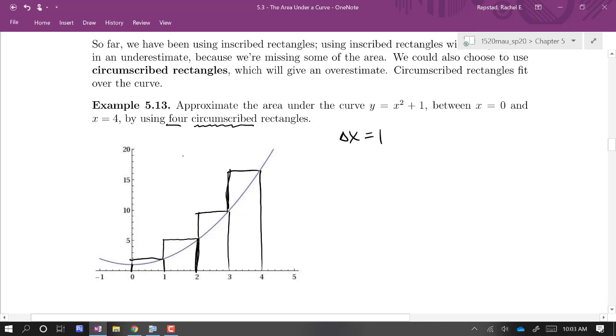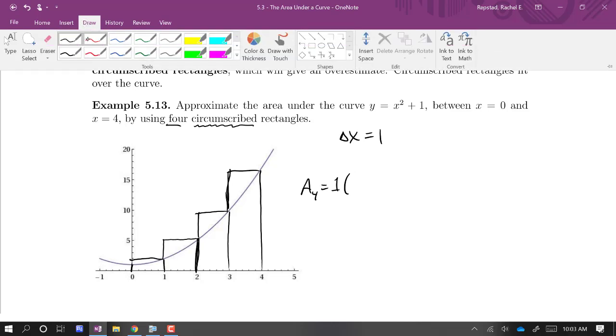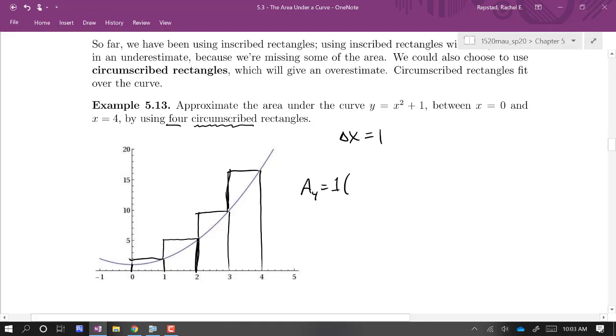So the width, which is 1, times the sum of the heights. Now, notice I'm not using 0, 1 as one of the heights, right? Because I'm using the right endpoint. My first rectangle, I'm using the point 1, 2. Here's 2, 5, 3, 10. And then the last one is the one we didn't use before.